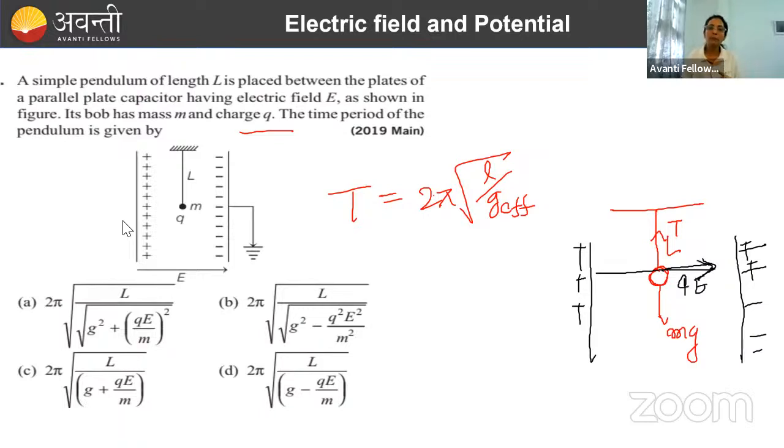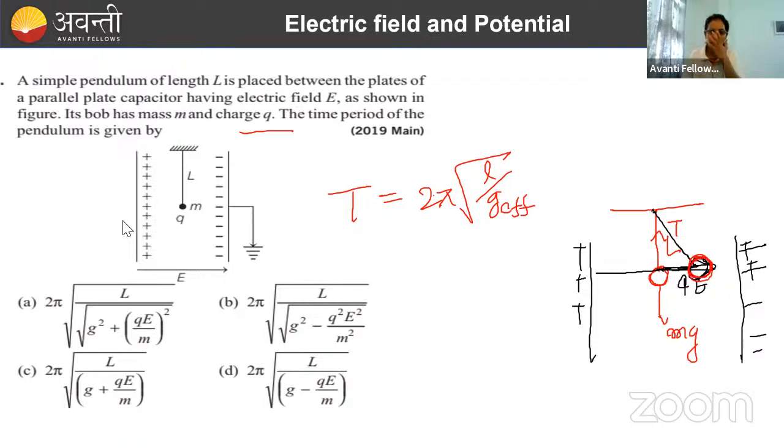Now what is going to happen? The equilibrium position will change. Since the electric force is acting in this direction, it will try to shift the ball in this sense. So somewhere here it will come, and that will become its new equilibrium position.